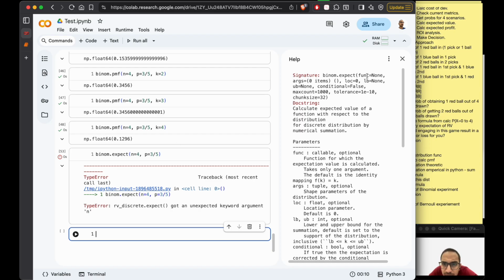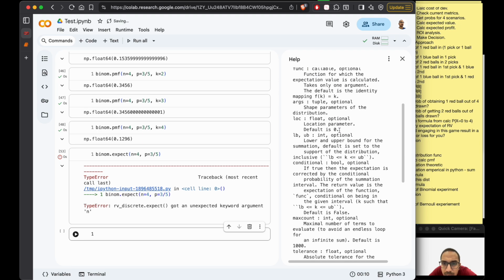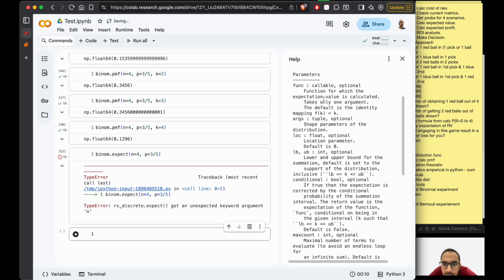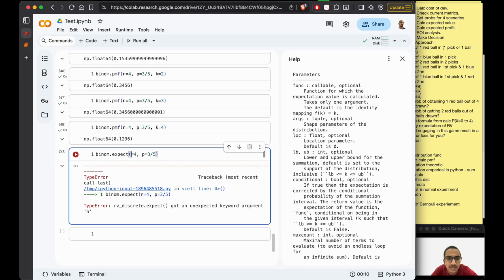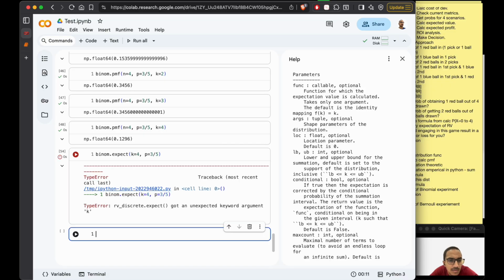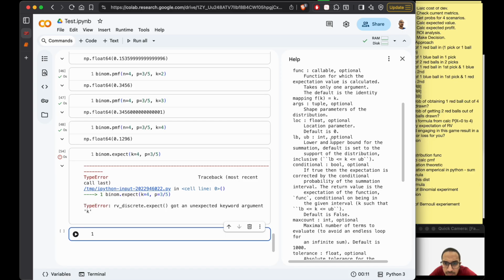Binom.expect: func, args, loc, scale, lb, ub, conditional, maxcount 1000, tolerance. Calculate the expected value with respect to the distribution for a discrete distribution by numerical summation. Callable, optional. The default is the identity mapping function k.